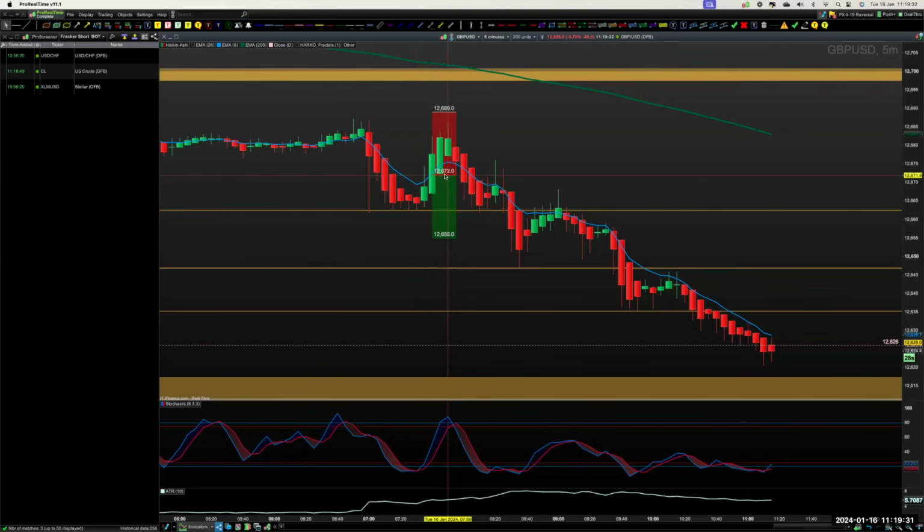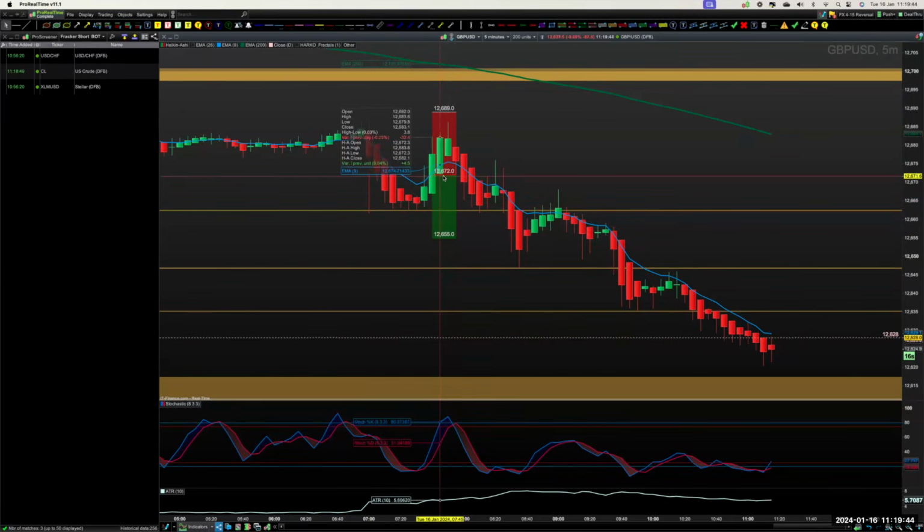Okay, if you can't see a pullback, in other words, nothing in the way of a pullback or a resistance, when there's nothing in the way, then you can move a stop to entry. If there is something in the way, then if you want to put in some risk management, you would take half off.